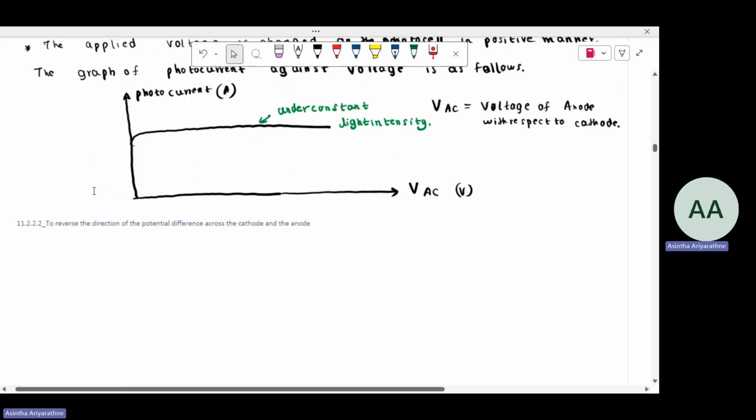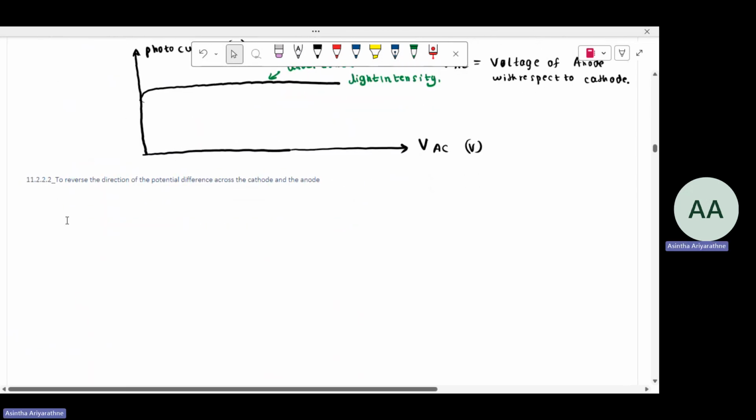What would happen to the photoelectric current when the reverse voltage of the photocell is increased?